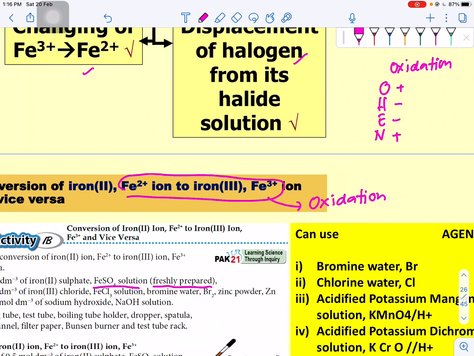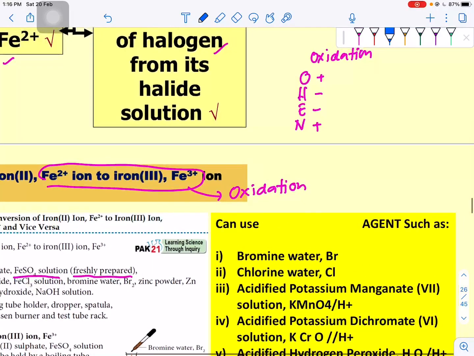Okay, so to make sure the oxidation can happen, betul-betul boleh berlaku, we need an agent. So agent itu dikenali sebagai adakah oxidizing agent or reducing agent. Kita nak pastikan oxidation berlaku, maka agent yang diperlukan adalah oxidizing agent.